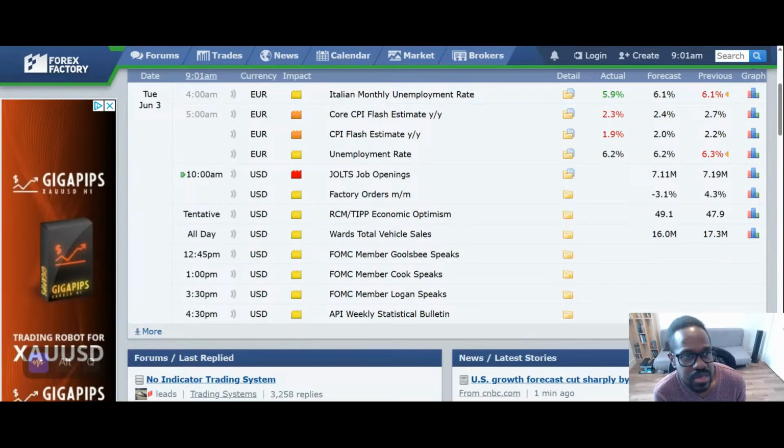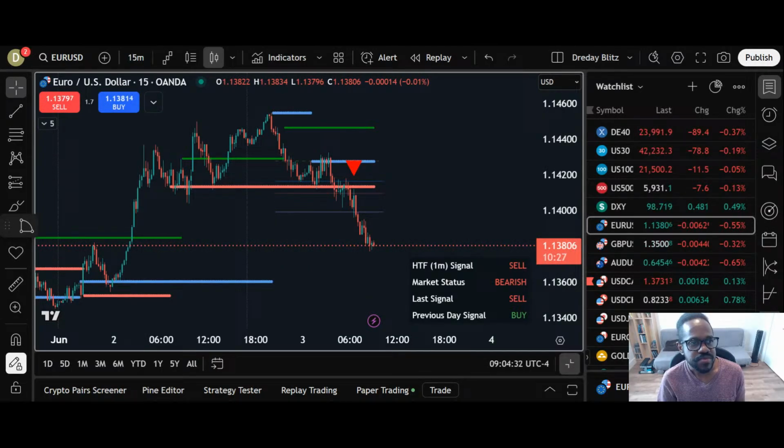Perfect. So let's go back and see the charts and see exactly what we are looking at. Let me know if you can see my screen.